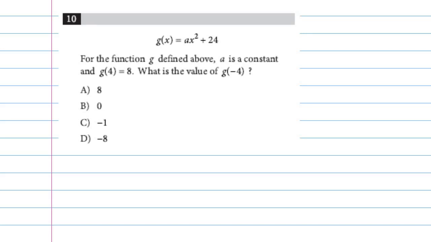So the first question says, for the function g defined above, a is a constant and g of 4 equals 8. What is the value of g of negative 4?